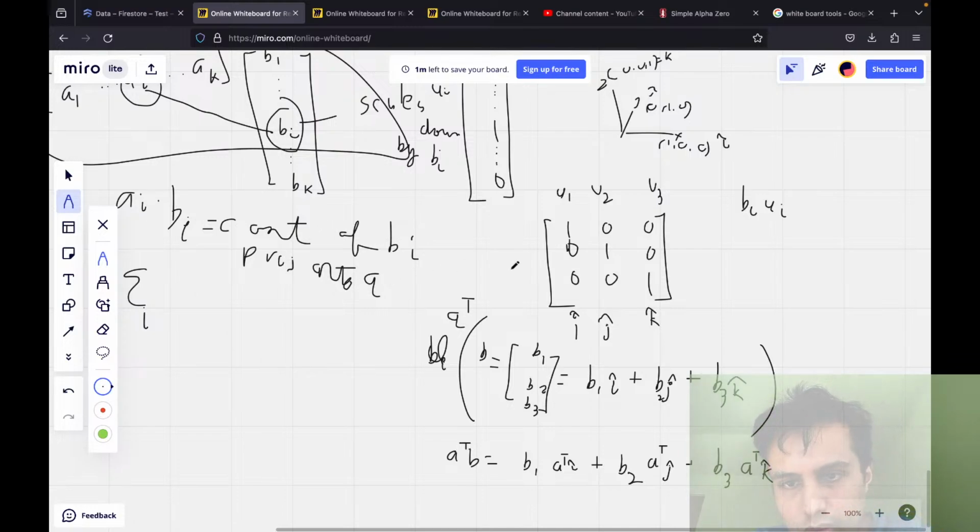We're taking all of these contributions of all the bi, where bi is just a scale of ui, a unit vector in the ith dimension. Then ui's projection onto a gives us some contribution from that dimension.